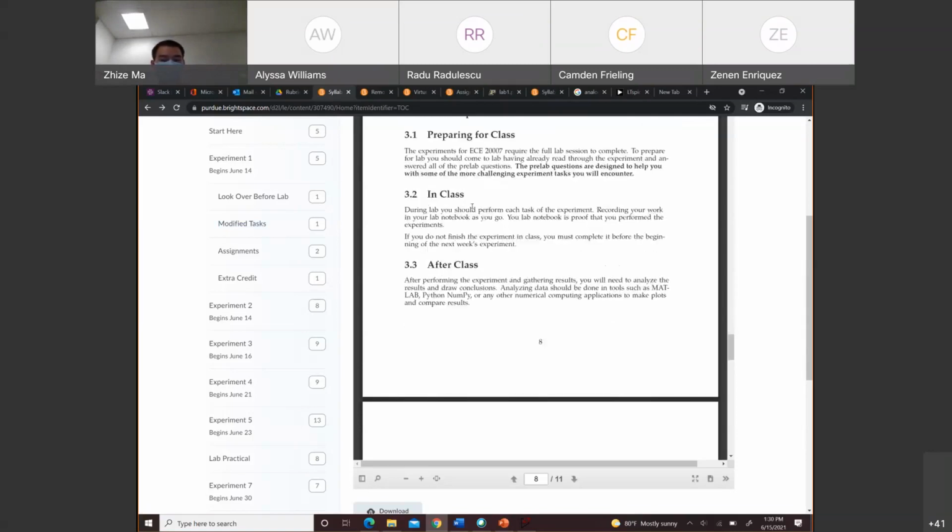After you read the lab manual and after you attend the class, at the beginning of the class, I will spend like 10 or 20 minutes to talk about what's going on in today's lab and what tips you should know for the experiment. And then you will spend most of the time doing the experiment. If you read through the manual before the class, you should already know what will be in the experiment, and then you can directly start.